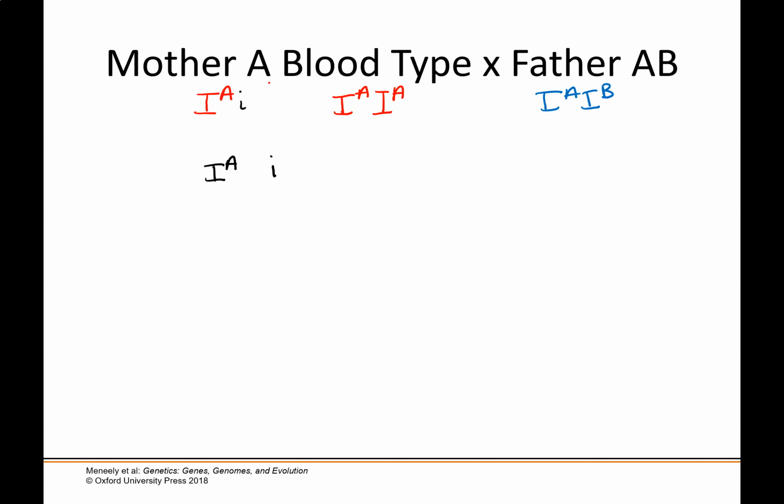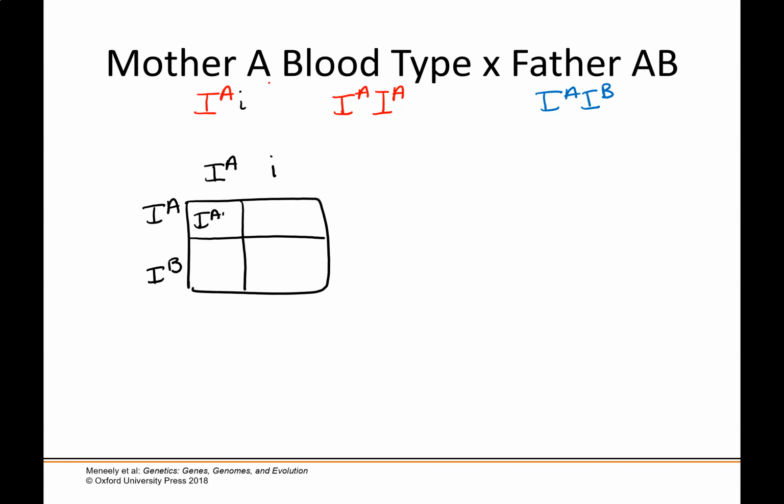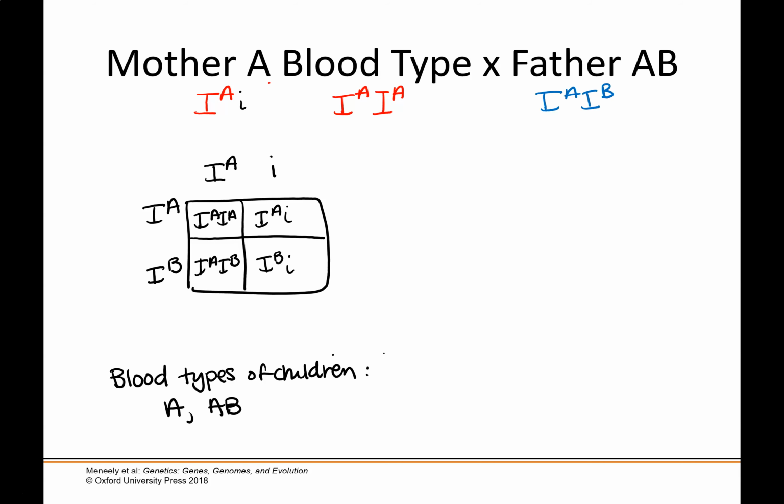If mom is heterozygous for A and dad is heterozygous for AB, then the possible blood types of their children are A, AB, A again, or B. So if mom is heterozygous, the children can be A, AB, or B.